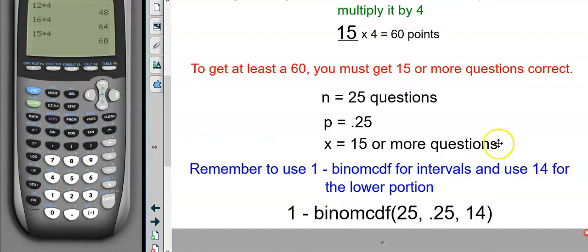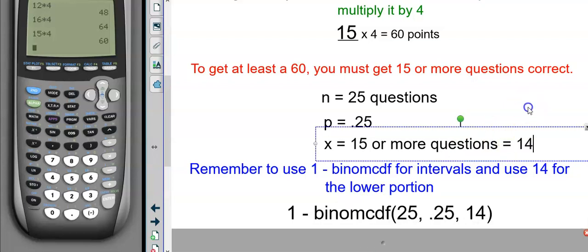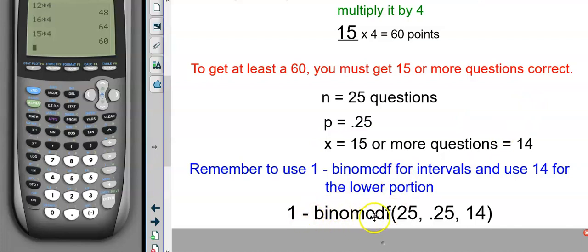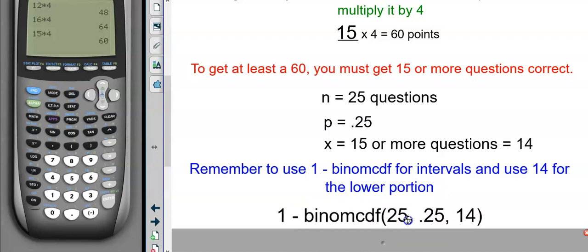We're going to put in the calculator 1 minus binomial CDF, 25, 0.25, and 14. And again, we're using this just like we said in, I think, example 3.